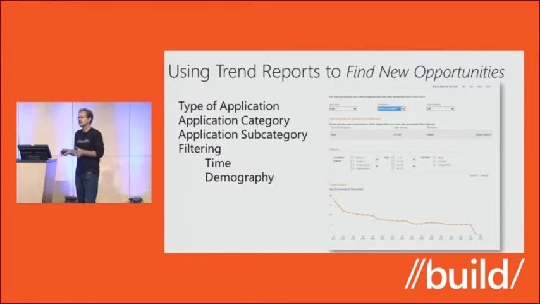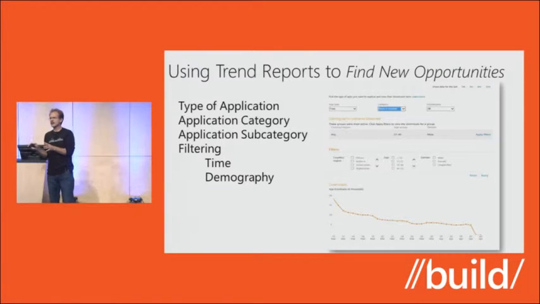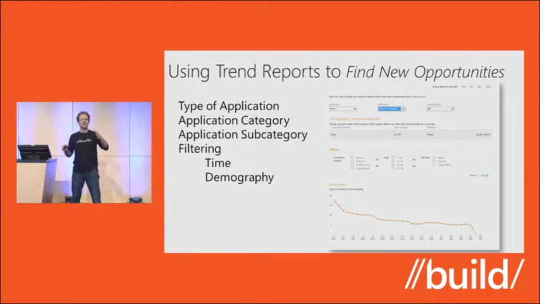This is really helpful because you may have found by looking at the download data that we looked at earlier, where you were trying to understand who your customers are, that, wow, our application is really targeting males within this particular age bracket.